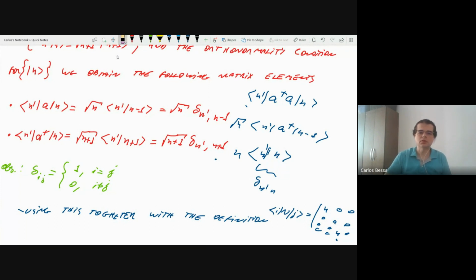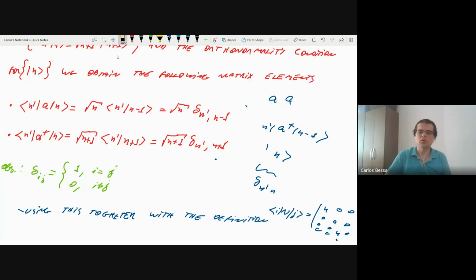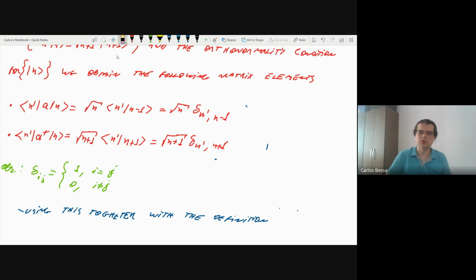But I think it is okay. For the number operator, the diagonal terms are always n. But this guy is alone. You can check this in the end.